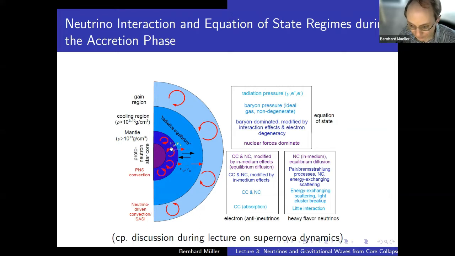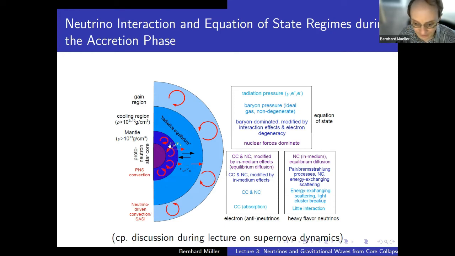In this mantle region is about where the decoupling of the mu and tau neutrinos will happen. Here you can produce mu and tau neutrinos by various pair processes, electron-positron annihilation, Bremsstrahlung, and so on. And of course, there's always scattering that traps them.